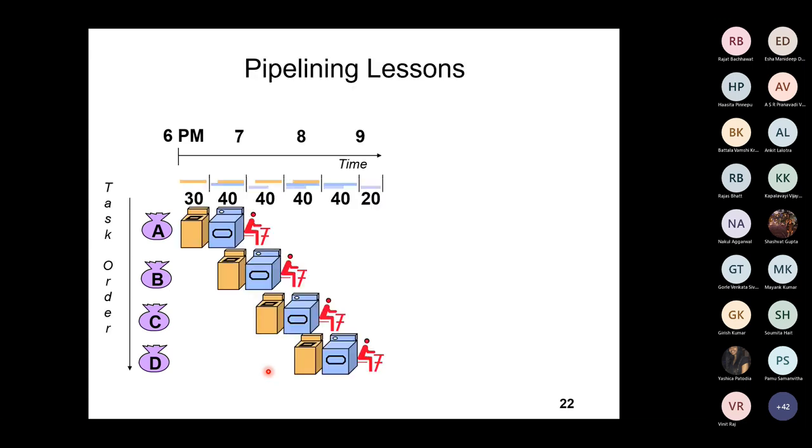Here is the summary of the lessons. It does not help the latency of a single task, because the first user would take the 90 minutes as before, but it helps to have a significant improvement in emission rate or finish rate. So therefore, the throughput of the entire workload is improved.